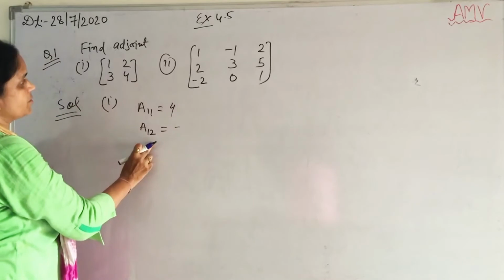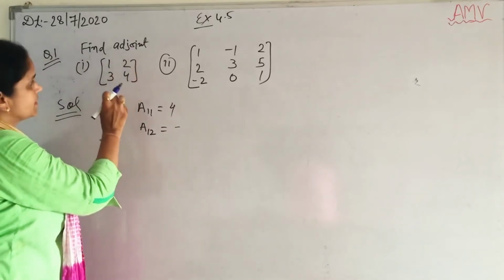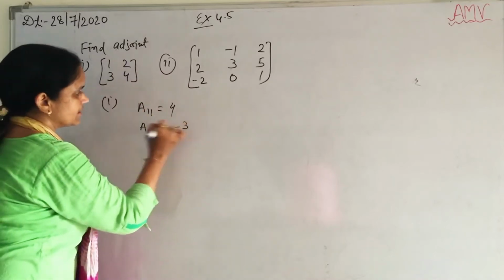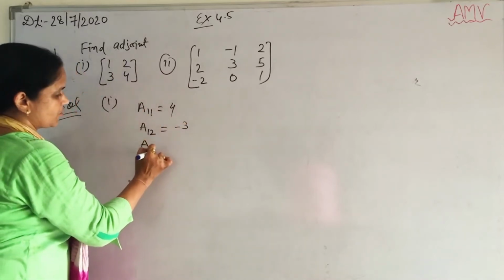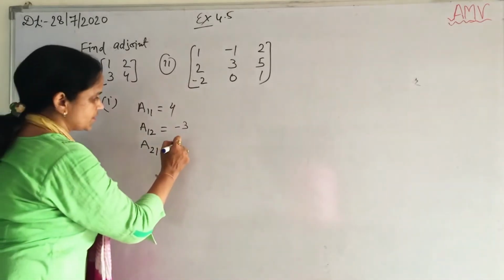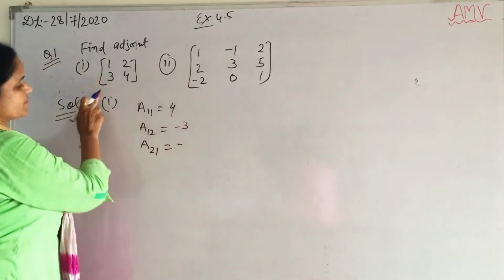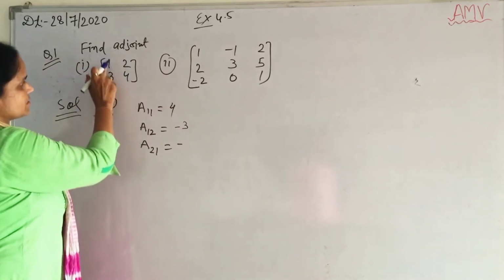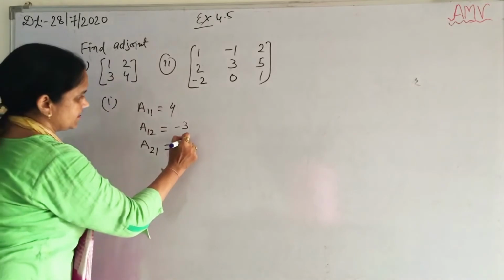Now students, A12 means first row, second column, finding the cofactor of 2. This cancels, we will get only 3. A21, it's also 2 plus 1, 3, an odd number, so it is negative. Okay, and for a21, it means the element is 3, this column and row cancel, we will get 2.